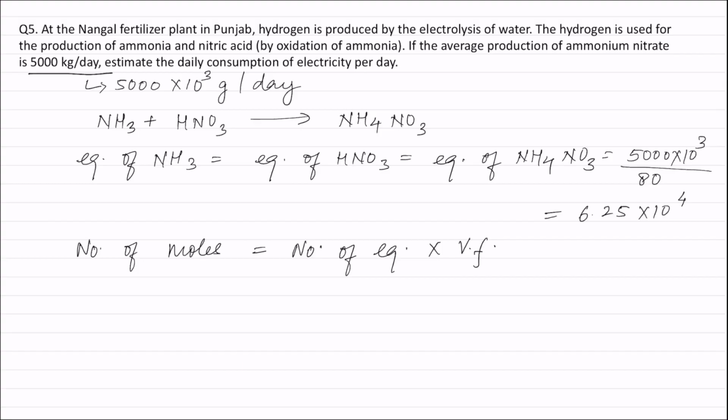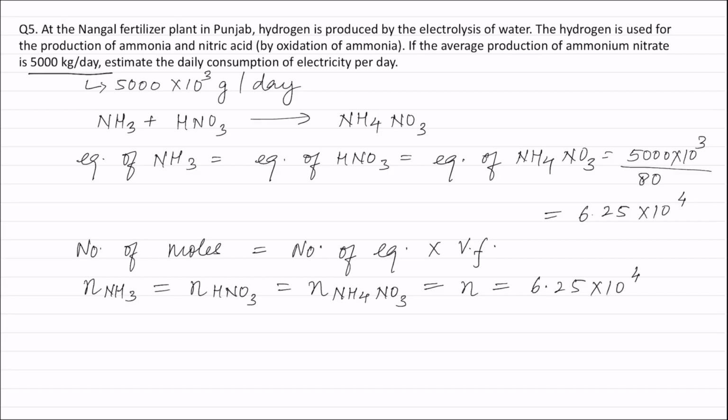Therefore we can write number of moles of ammonia, here n denotes number of moles, is equal to number of moles of HNO3, which is equal to number of moles of NH4NO3, and this is equal to, let it be n, which is equal to 6.25 × 10^4.